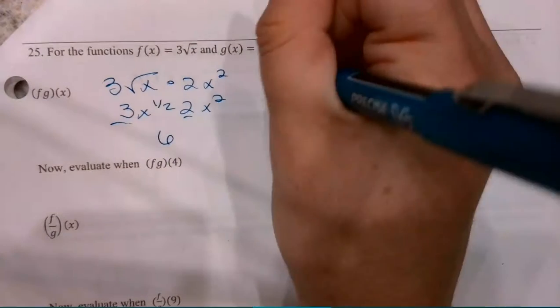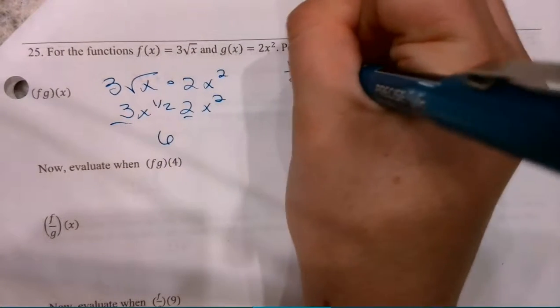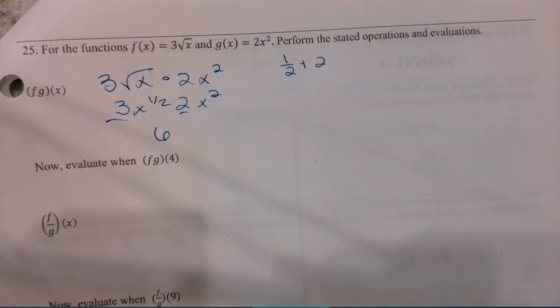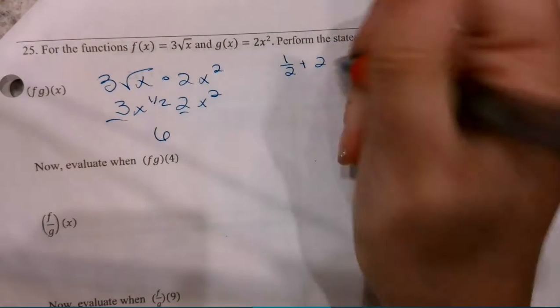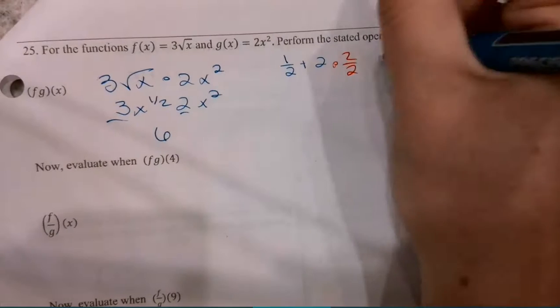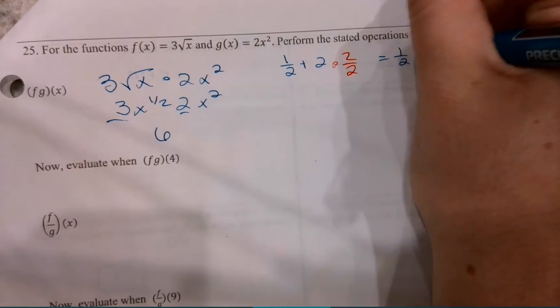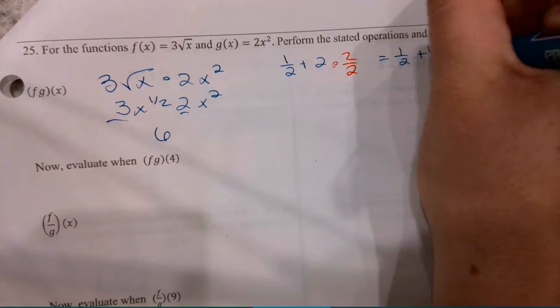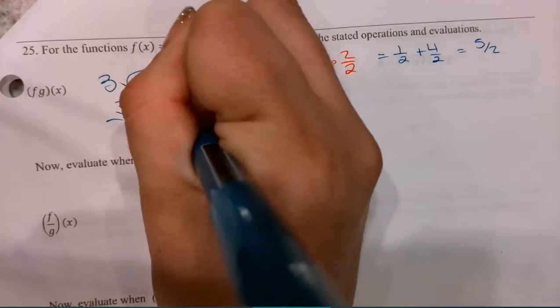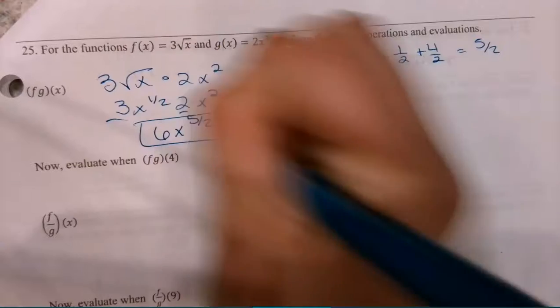For my x's, I want to add them. So I have 1/2 plus 2. I'm going to turn 2 into a fraction. So I'm going to multiply by 2 over 2, which will give me 1/2 plus 4 over 2. Gives me 5/2. So my answer here is 6x to the 5/2.